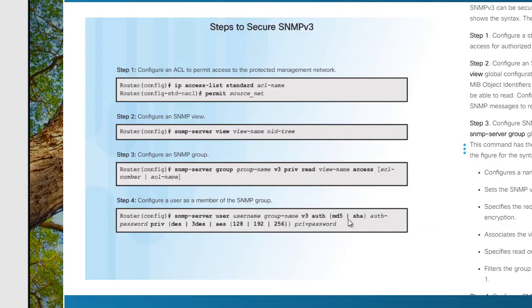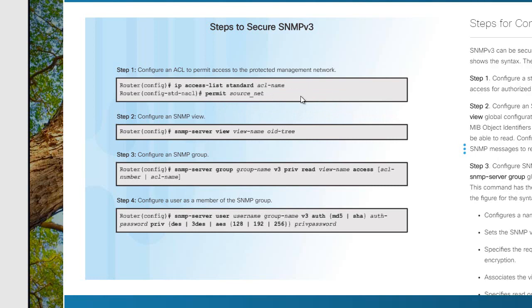And here we have our steps to configure SNMP v3, which is going to be a little different because we don't have that community string. We've got a couple other factors we've got to consider. So how it's going to start off is you're going to define your access list first. So IP access list standard, then your ACL name, permit whatever device you're going to permit, whatever range of devices you're going to permit with that statement. Then you've got your SNMP server view.